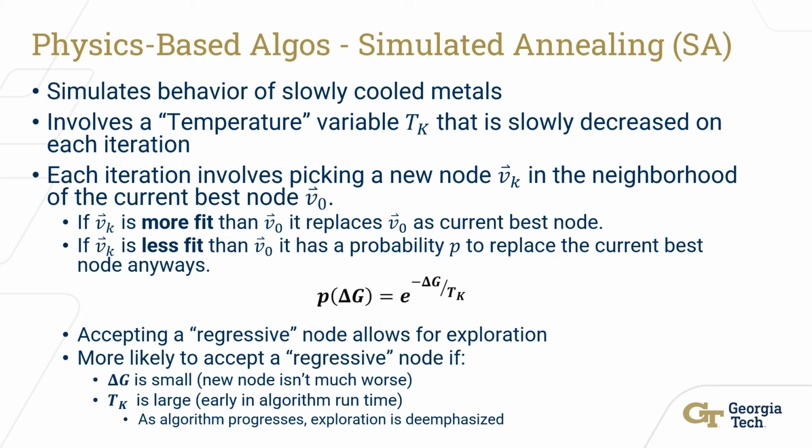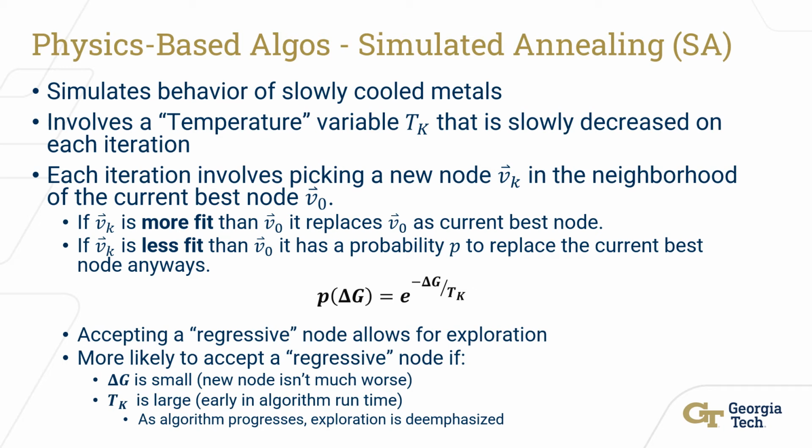The probability of accepting a "regressive" node in this manner, i.e. replacing the previous best node with a worse node, is determined according to a Boltzmann-Gibbs probability distribution, which depends on a gradually decreasing temperature parameter. This probability distribution is shown in the equation here. Accepting regressive nodes is this algorithm's method of exploration.